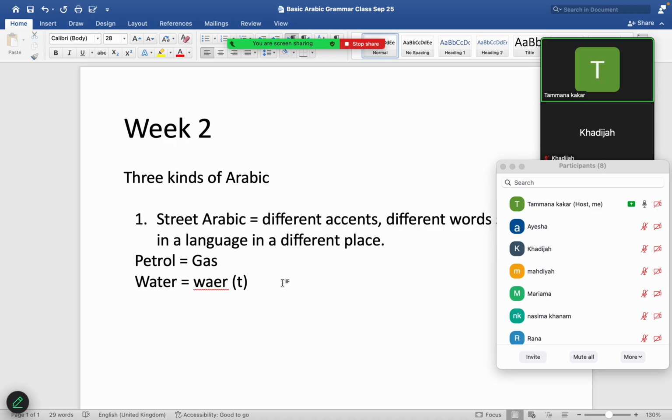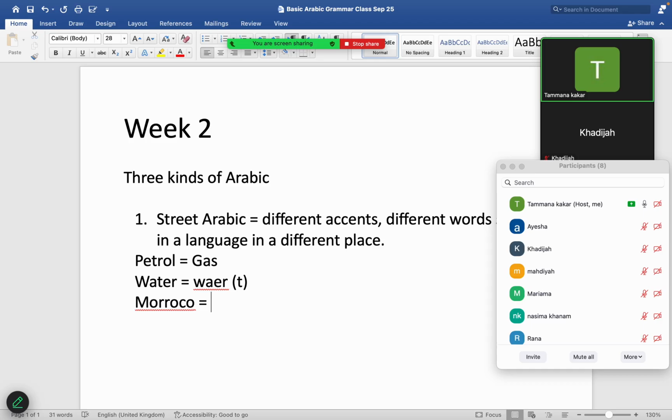So that is kind of street Arabic. People in Morocco speak a different kind of Arabic compared to people in Saudi Arabia. Lebanon people speak different Arabic compared to someone who is in Qatar. Why? Because it's their language, it's their accent. They take so many things from their forefathers, but they have lived in different places, so they have taken different things.